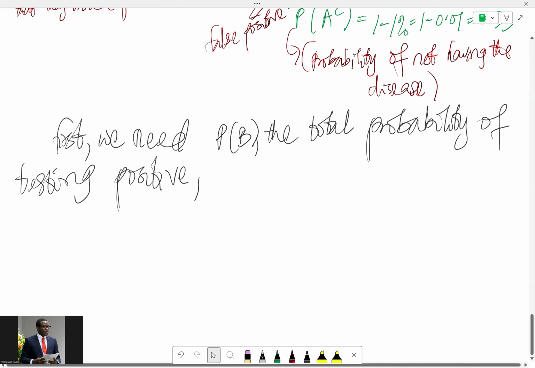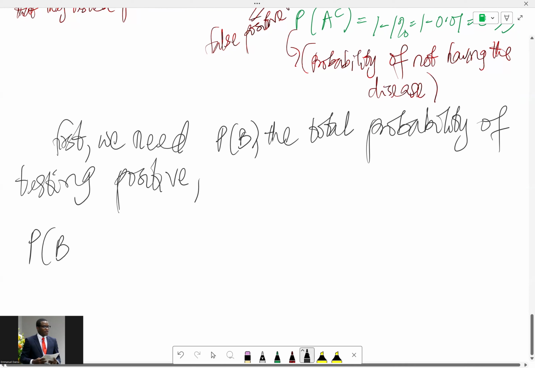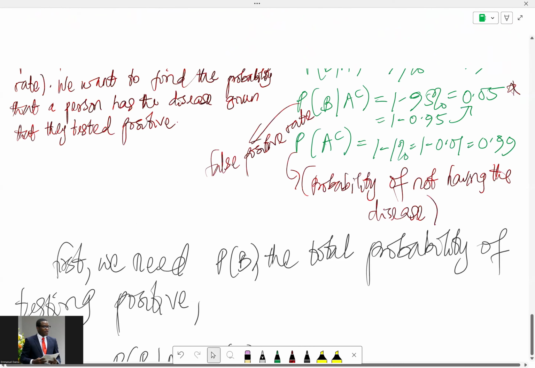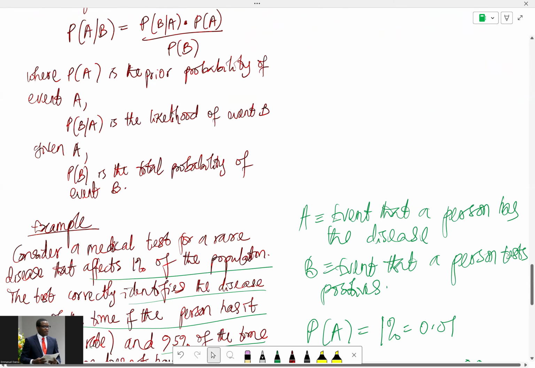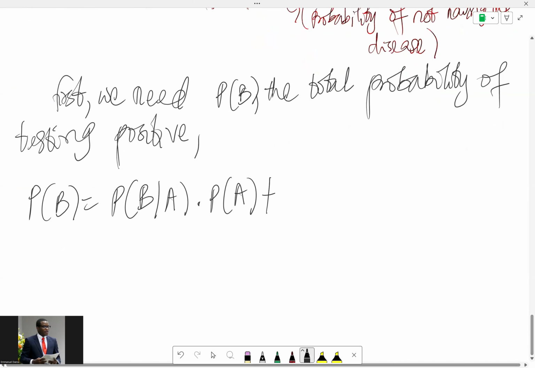So P of B equals the probability that the person tests positive given that the person has it, times the probability that the person actually has it, A. That plus the probability that the person tests positive given that the person does not have it, multiplied by the probability that the person actually does not have it.